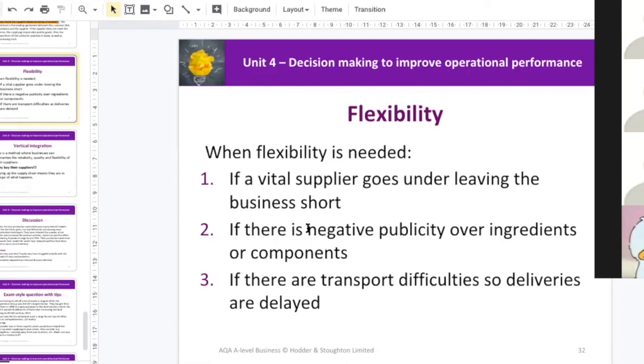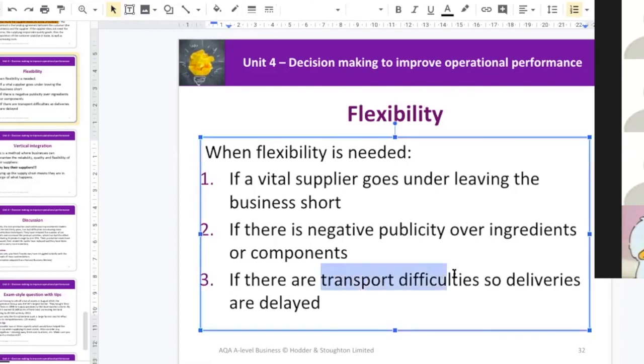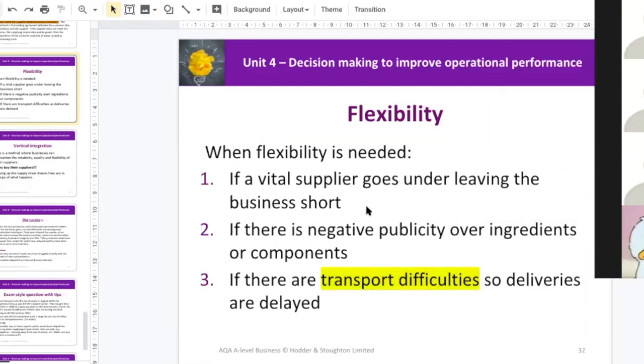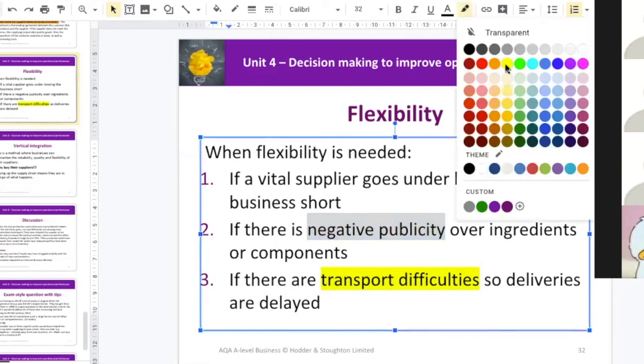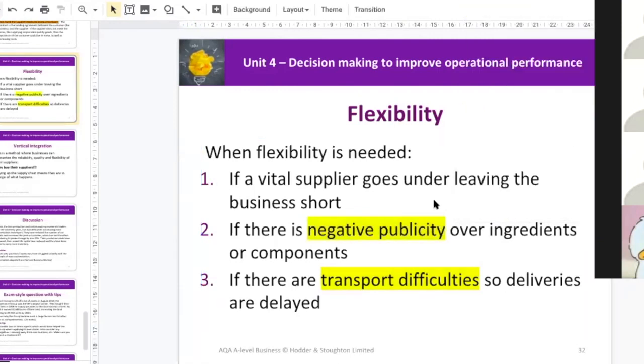Otherwise, it will cause you negative publicity, a negative image. There will also be transport difficulties. If your supplier is not flexible and effective enough, all these problems will be happening.